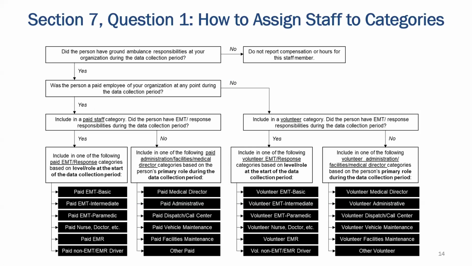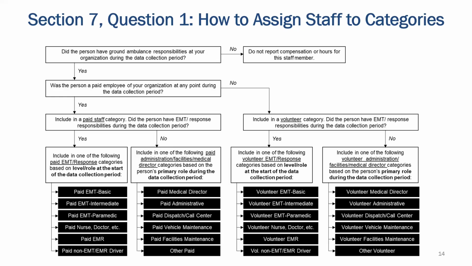One of the important steps after filling out that first question is to think about how your staff actually need to get categorized into the different rows in the question 1 table. There's a set of instructions in the GADCS, the printable version and the web-based version, that give you advice on how to handle many different situations that are common.